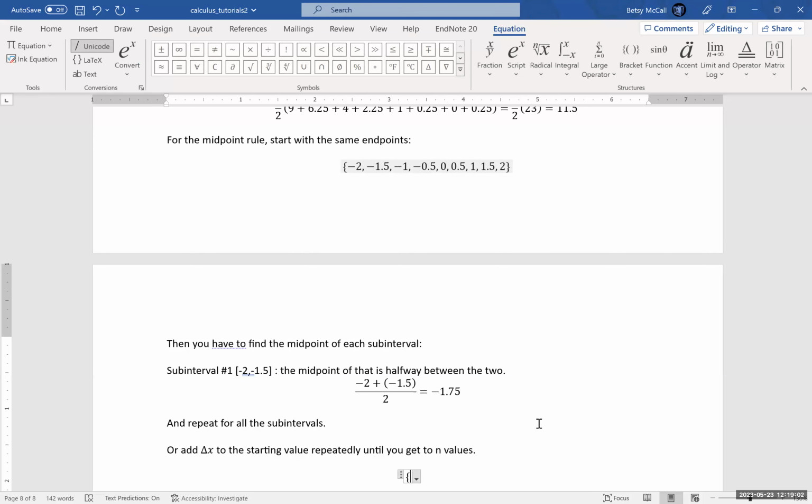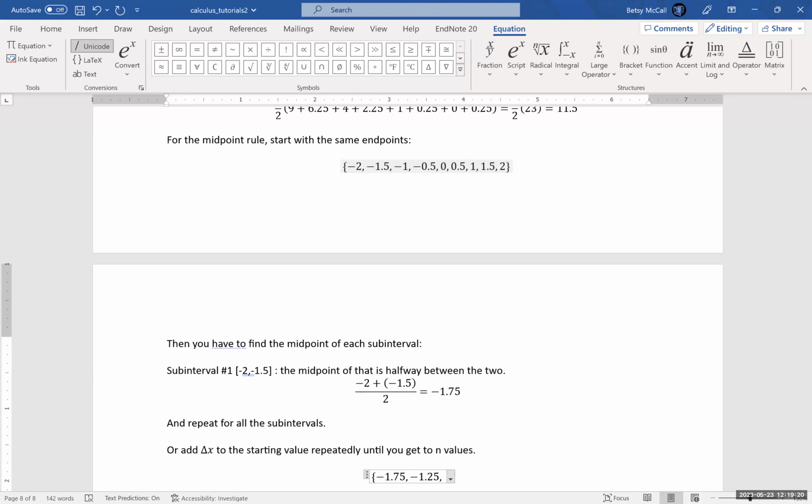So our values, regardless of which way you find them, are going to end up being, the first one is -1.75, and then if you add a half to that, you get -1.25, which is halfway between -1.5 and -1.